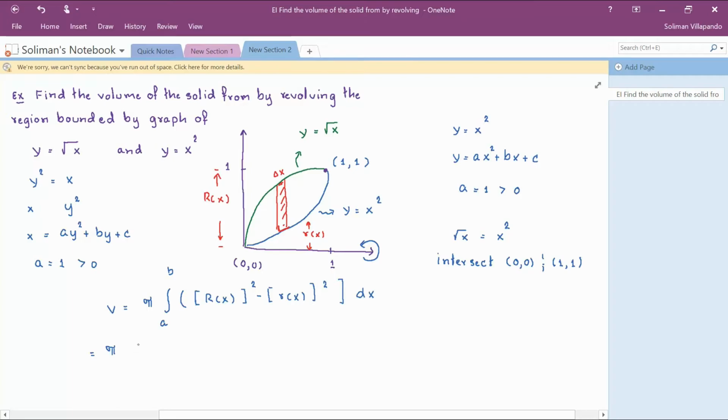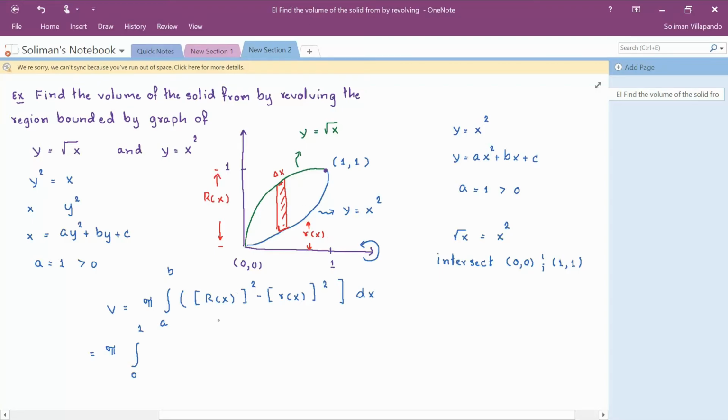So I have pi, which is a constant. The integral is with respect to x, so you take an integral from 0 to 1. Now the bigger circle, the radius is from here to here, from the x-axis to the green graph.